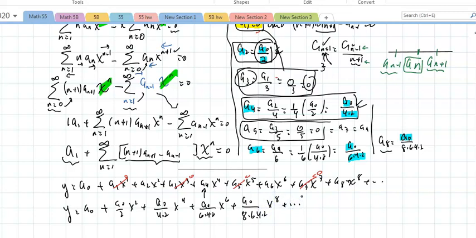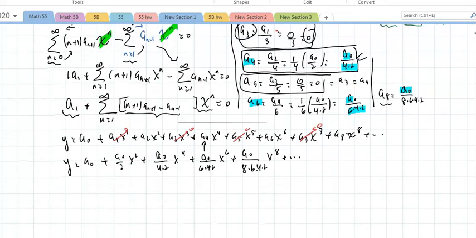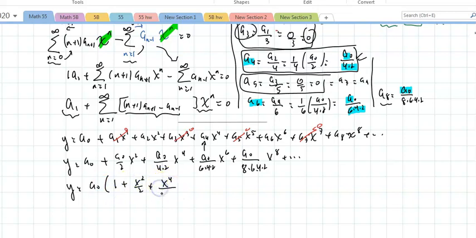And if I factor an a sub 0 out, I notice there's a 1 plus x squared over 2 plus x to the 4 over 2 squared, and this is really 2 factorial. Plus, if I take x to the 6 over, and let's see how this works.